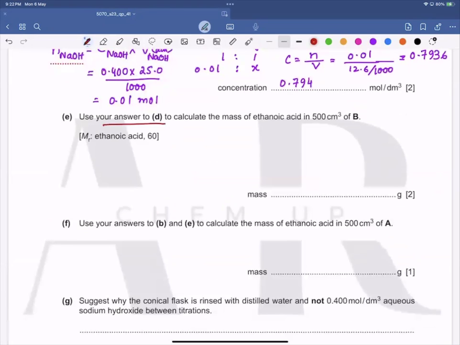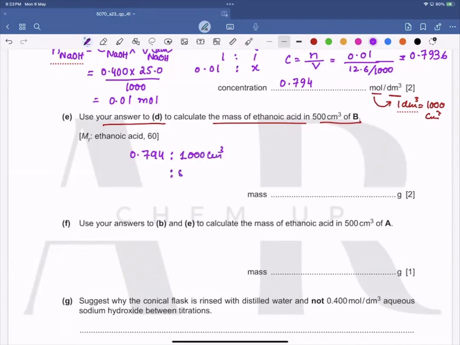Use your answer to D to calculate the mass of ethanoic acid in 500 centimeter cube of B. So see, this is moles per dm cube, which means these are the moles in 1 decimeter cube, and 1 decimeter cube is always equal to 1000 centimeter cube, right? So from this, we can find the moles. We make this ratio: 0.794 present in 1000 centimeter cube.